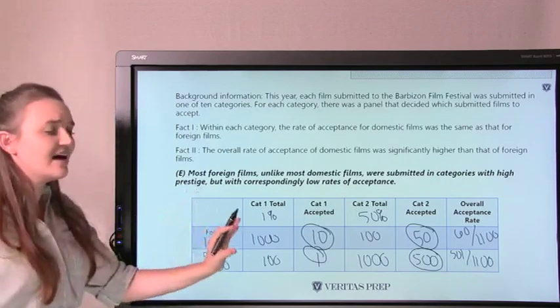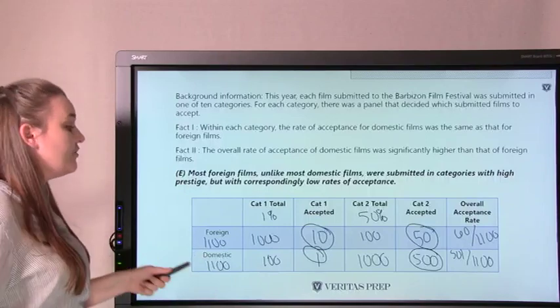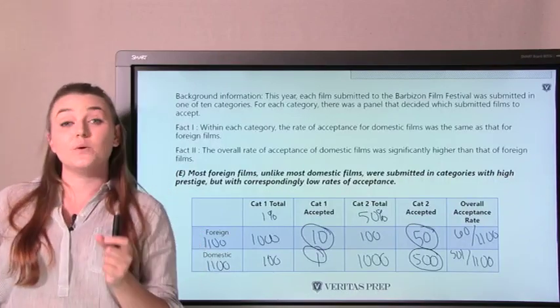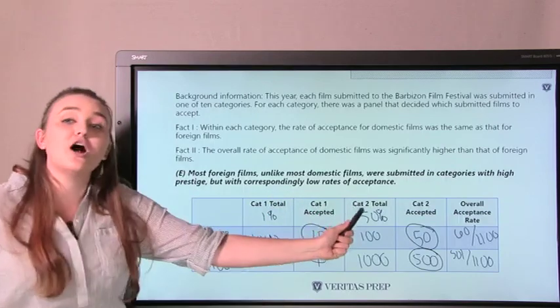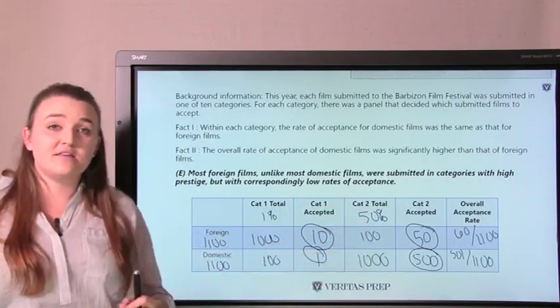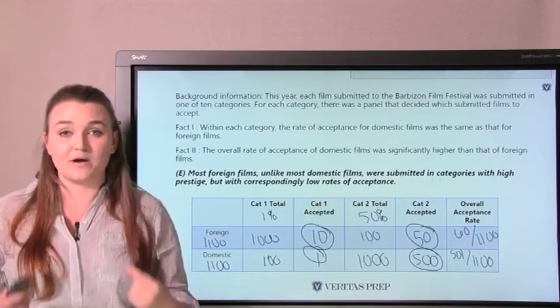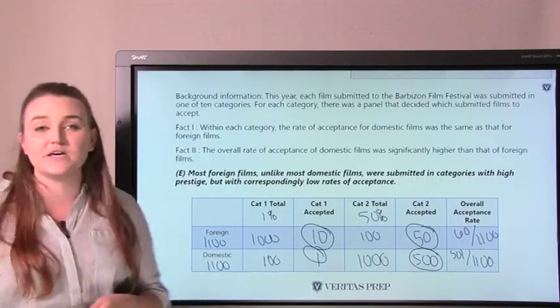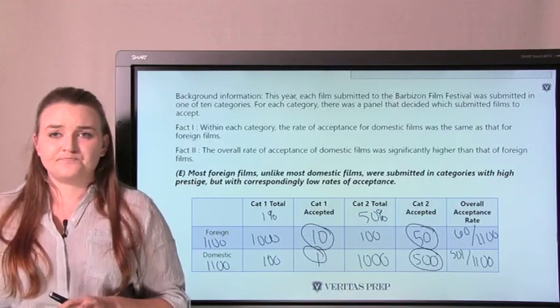Is that making sense to everyone? Again, this would be the same whether we had the same overall value or different overall values, but what we needed is a difference in acceptance rates across categories, and we needed the foreign films to be clustered around lower acceptance rate categories, and that's exactly what we've done with this illustration. Any questions for me there?